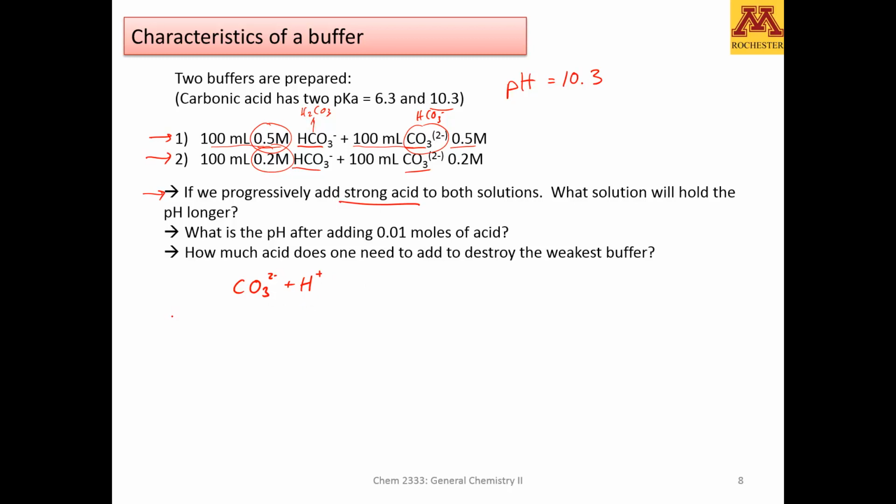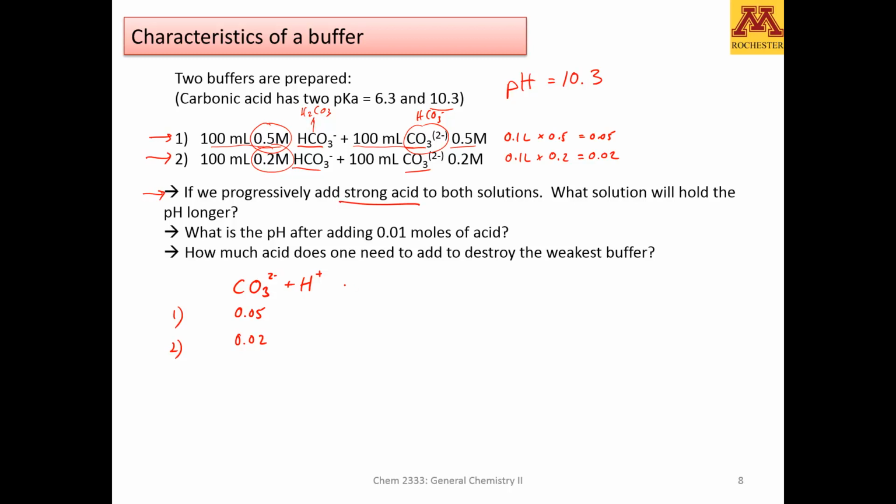So notice that if we set up the equation, in solution number 1, how much base do you have? You have 0.1 liter times 0.5, which is 0.05 moles. In the second solution, you have again 0.1 liter times 0.2, so you'll have 0.02 moles.